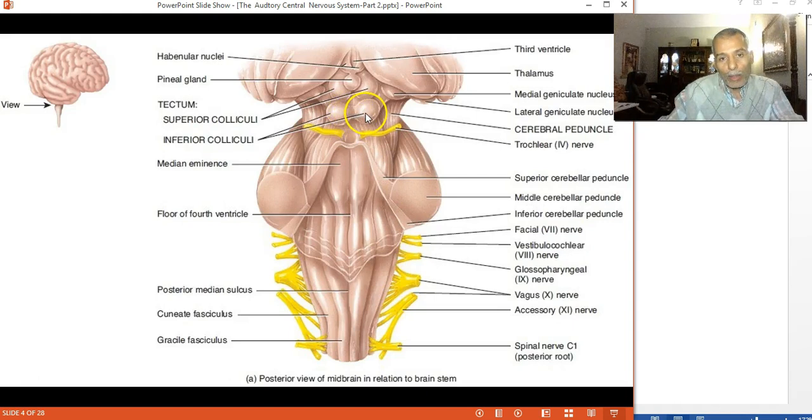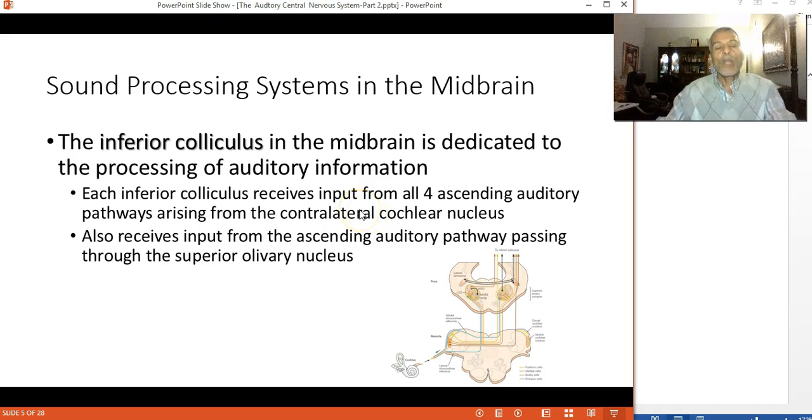So here again, the inferior colliculi, superior colliculi, and they have the medial geniculate body, and the auditory cortex will be somewhere here on the left. So the inferior colliculus again has these 4 paths.